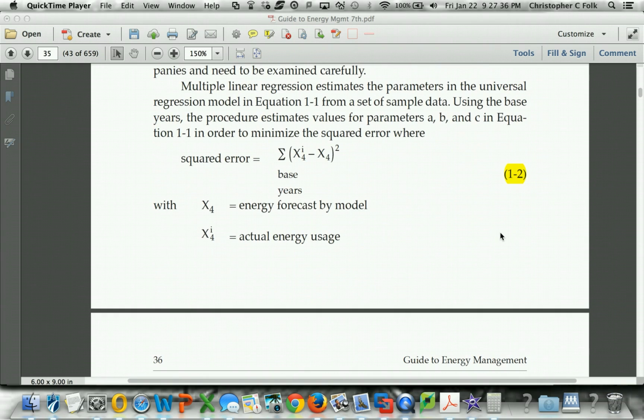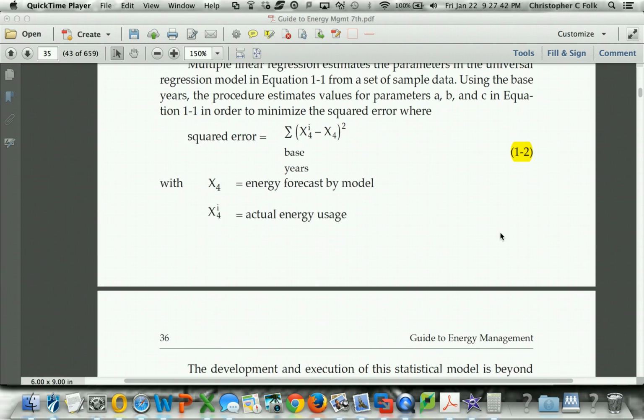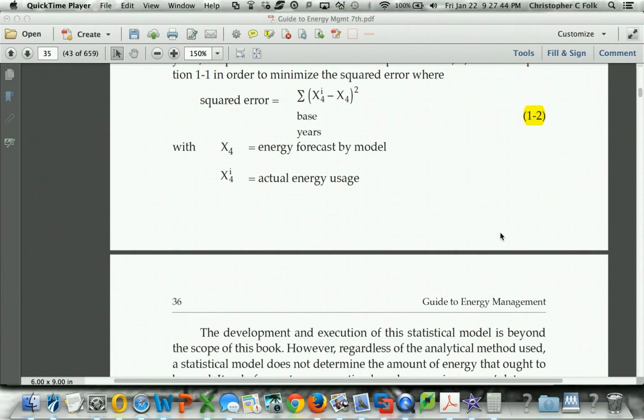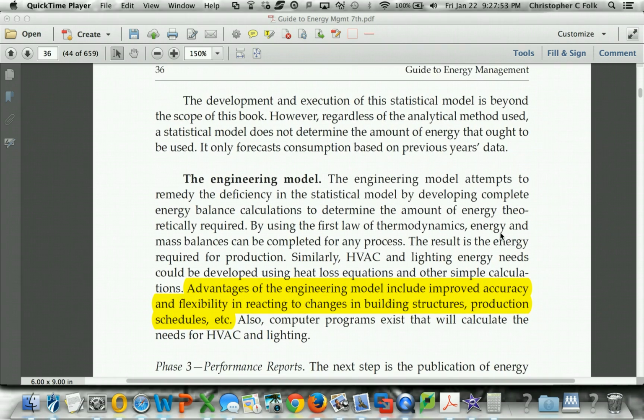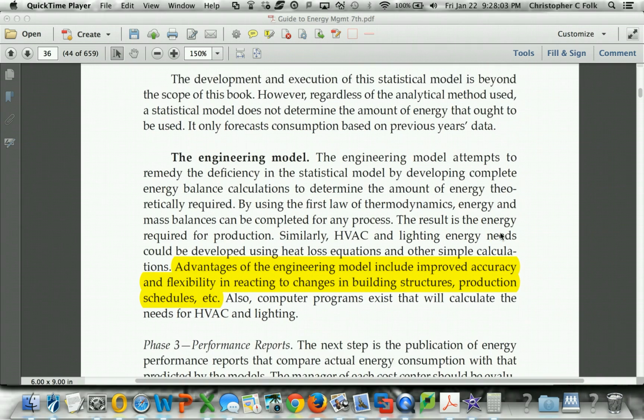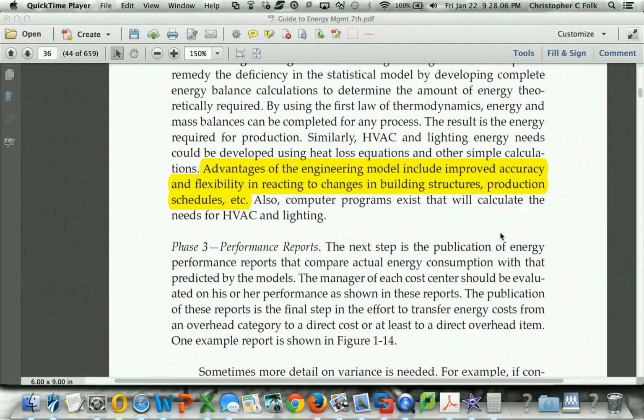The thing about the statistical method is it's a pretty big beast, and even the authors say here that it's sort of outside the scope of what we want to cover in this book. So we'll talk a little bit more about the engineering model, which starts here on page 36. Some of the advantages include improved accuracy and flexibility in reacting to changes in building structures, production schedules, and so forth, which then brings us to the reports. So we're going to have to write reports.